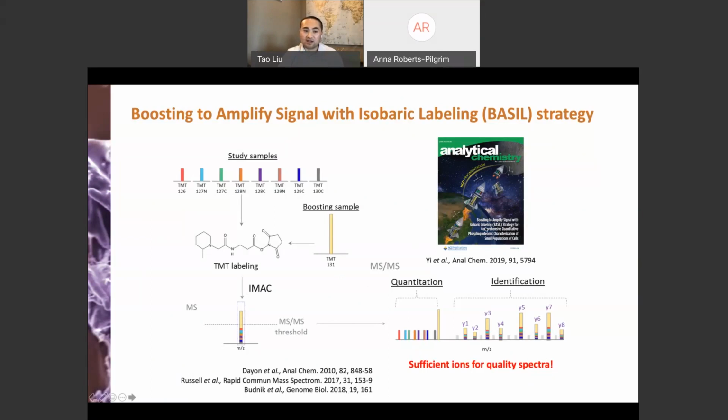In this case, the strategy we call boosting to amplify signal with isobaric labeling, or BASIL, was to use it for PTM analysis, in this case for phosphorylation analysis.